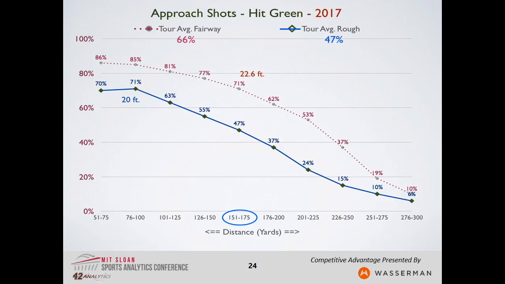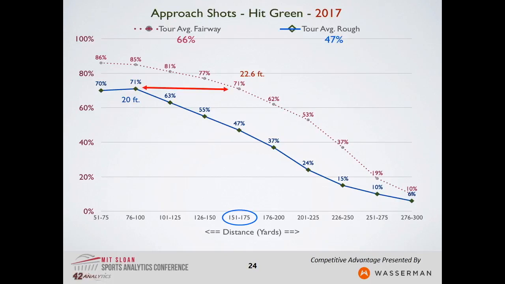And this is a graph that I did for Zach Johnson years ago, and it's the approach shots, the percentage of shots that hit the green. The top line is from the fairway, and the bottom line is the rough, and there are all of the distance ranges underneath it. I've circled the 151 to 175 because that invariably occupies more approach attempts than any other distance.